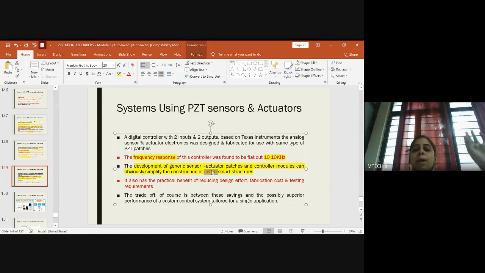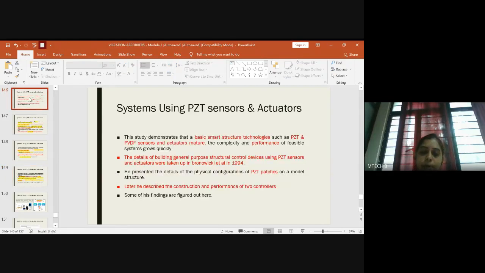Also, the smart structure he developed was most economical because it reduced the design effort, the fabrication cost, and testing requirements. It is in actual performance and seeing how it is working. So they did not need any modification in the design, and the fabrication cost was very less, and there was no need to check the testing requirements. Once one demonstration is done, it is more than enough. In the previous case, Finfield did around 6 experiments, if you remember.